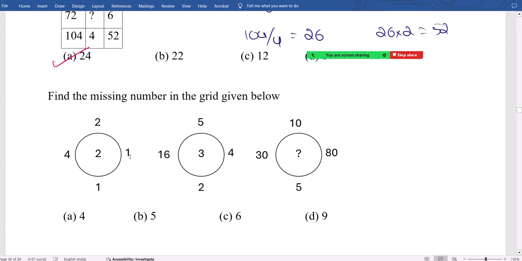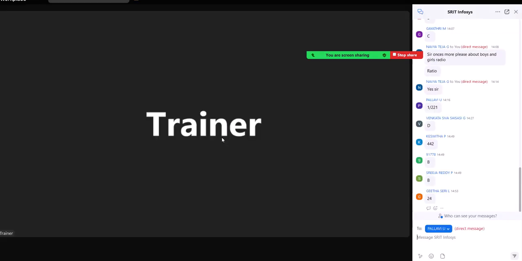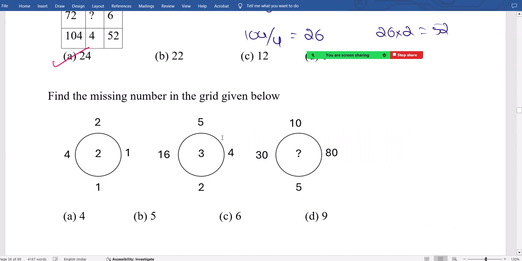What about this question? All these are previous questions. Have a look into this question. Outside numbers 4, 2, 1, 1, in between, middle is 2.